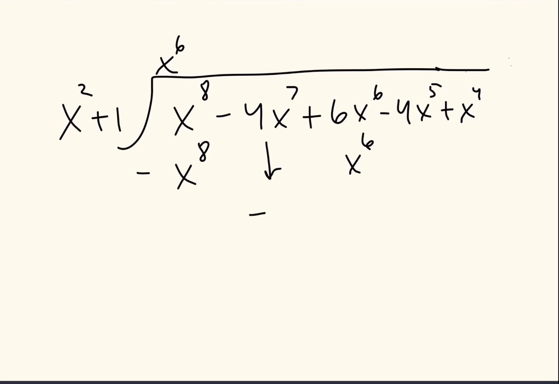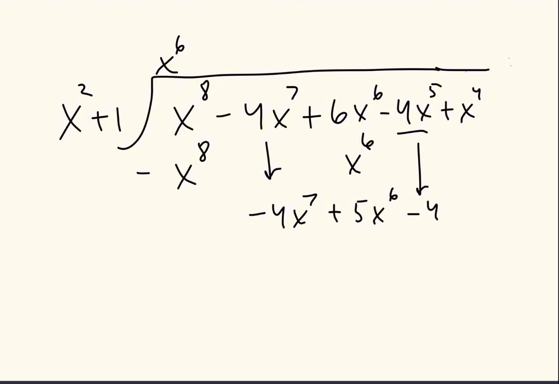Both of these terms get subtracted, and you will bring down negative 4x to the power of 7. And 6x to the power of 6 minus x to the power of 6 is just 5x to the power of 6. And x to the power of 8 would just cancel out, which is equal to 0, so we don't write that.